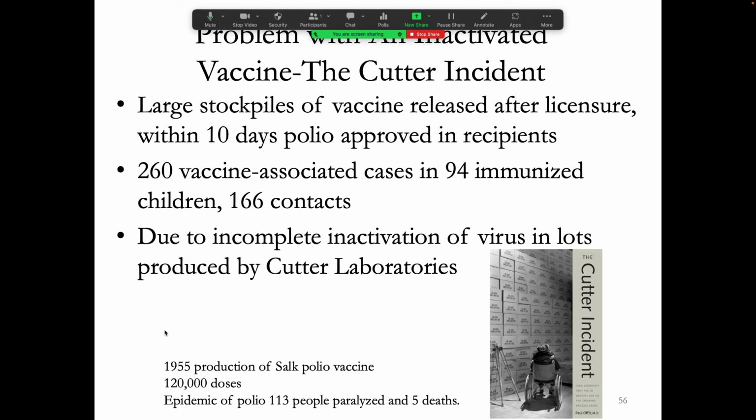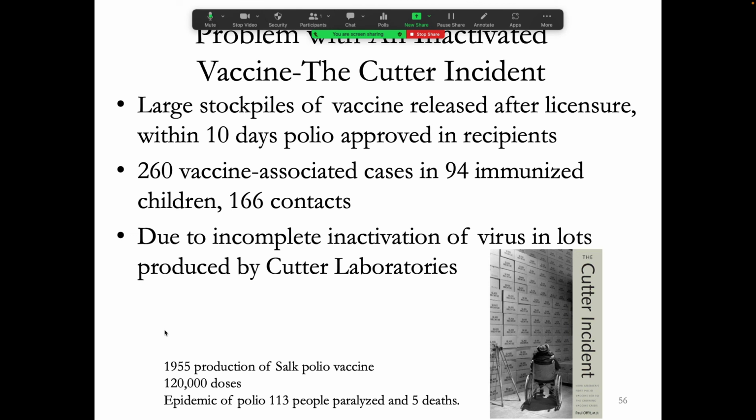All of this was because the first lot of the virus done by a company named Cutter Labs was done incorrectly. When they did their inactivation to make this inactivated virus, they inactivated it wrong. You guys have all done lots of lab work in your life.